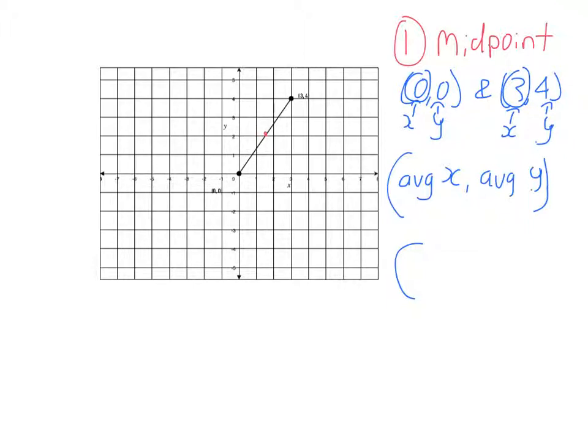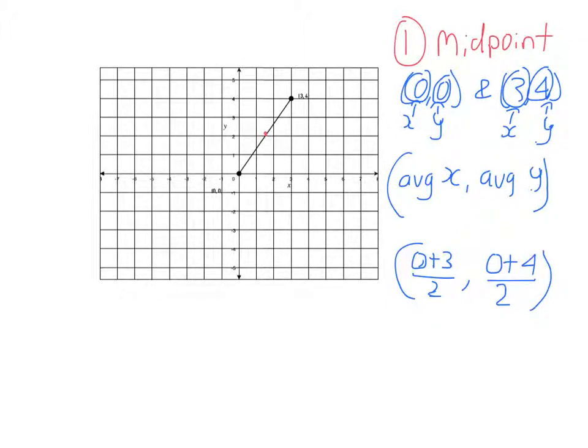I add them up, 0 plus 3, and I divide by 2. That is the x-coordinate. I do the same for the y-coordinates. We have 0 and 4, so I add them up and divide by 2. How easy is that?